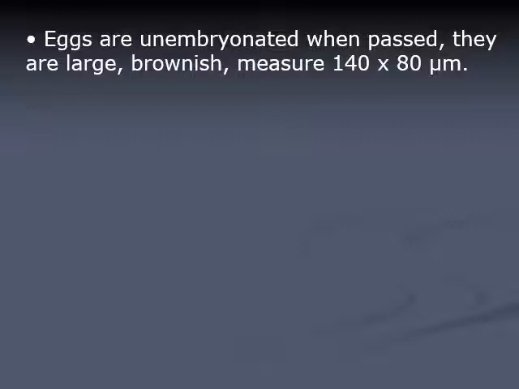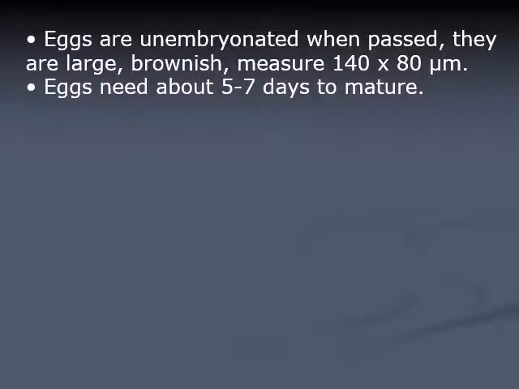The eggs are unembryonated when passed, meaning that they have a one-cell stage embryo. They are large, brownish, measuring about 140 by 80 micrometers. This is a big worm, so the eggs are also big.